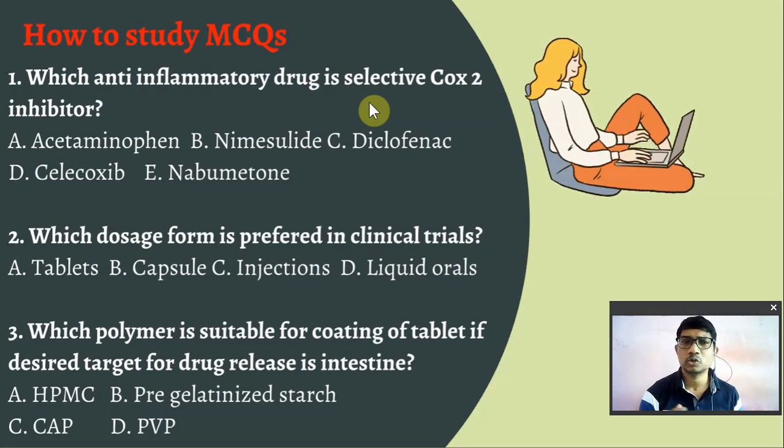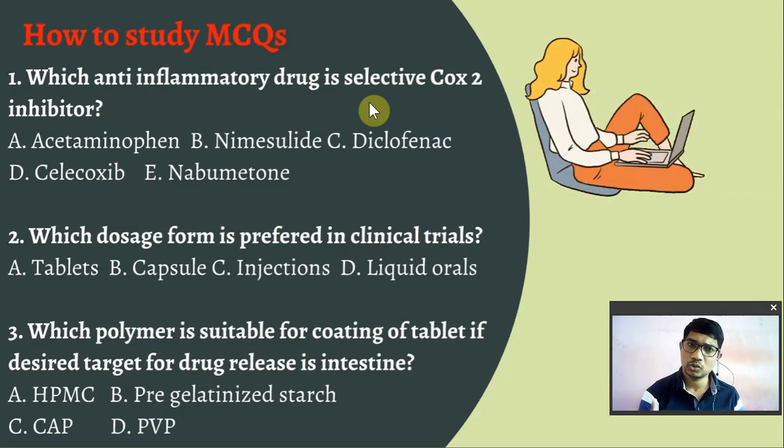Next option is Nimesulide. So Nimesulide is a naphthalenic acid derivative. It is again an analgesic, antipyretic and anti-inflammatory drug. It is a very good anti-inflammatory drug, but most countries have a ban on this drug. Why? Because it has severe fulminant hepatotoxicity as an adverse effect. Now India has also banned this Nimesulide in children under 12.